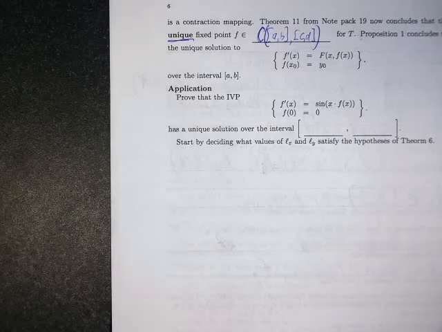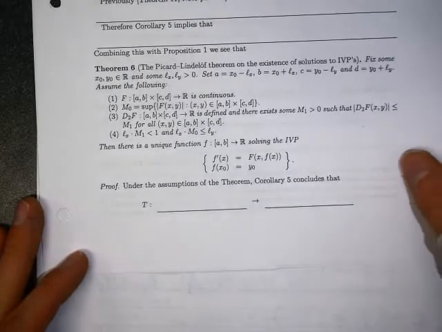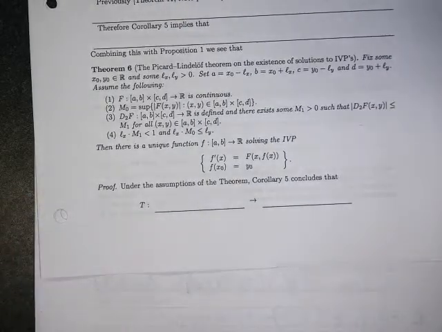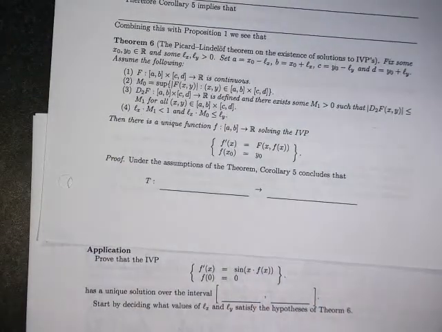Since Dan wasn't here, I still have Dan's copy of the notes. There's the statement of the theorem. So if you want to prove that that initial value problem has a solution, what do you think I should take big F to be?